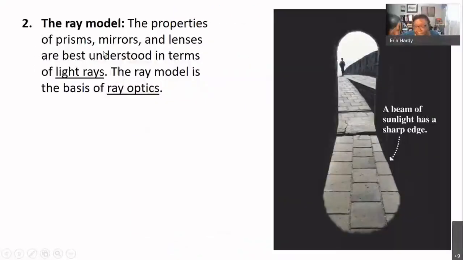Now for the topic of the next chapter, here we've got a doorway, so like an opening. It's daylight on the opposite side, but it's dark on the interior of this building. And what we see here is a pretty well-defined line that is based on the shape and the size of the doorway.